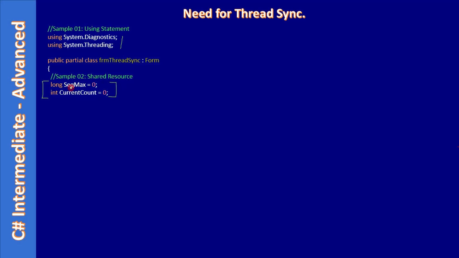This is the maximum number of times a thread will run to generate the sequence number. Then this one is the shared variable current count, and all threads will access this shared variable, and we will see the problem that we face when concurrent access on this variable is going on.